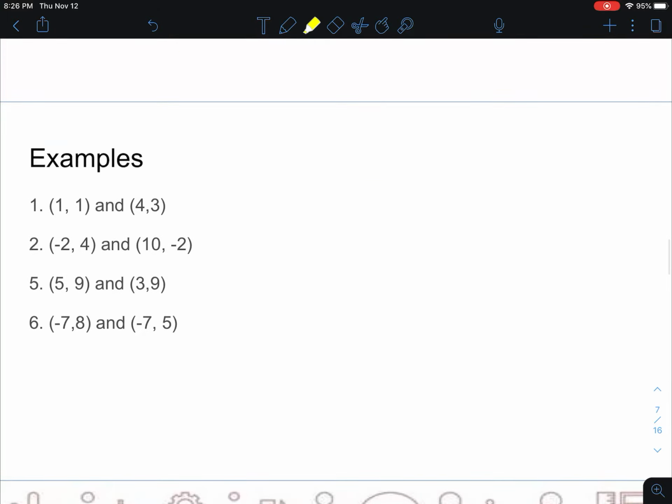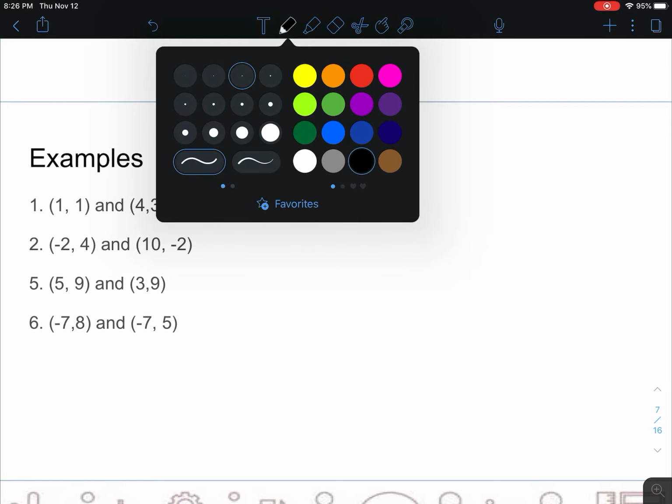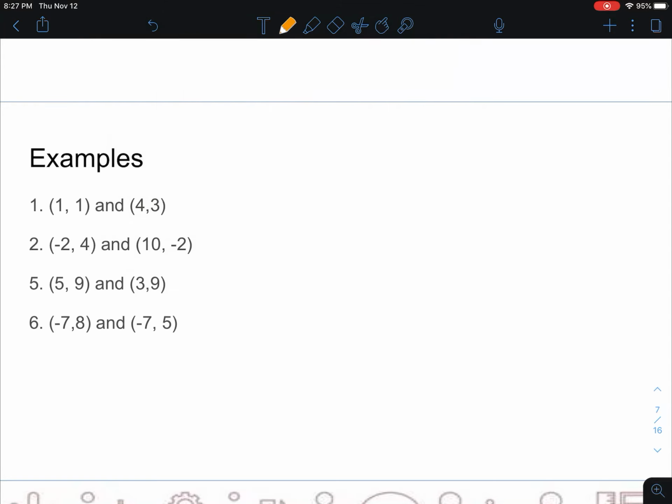So let's do some examples. The first example. So you want to determine which one's going to be your first set and your second set of your ordered pairs, and then your x1 and your y1 would be on your first set of ordered pairs, and your x2 and y2 would be on your second ordered pair.